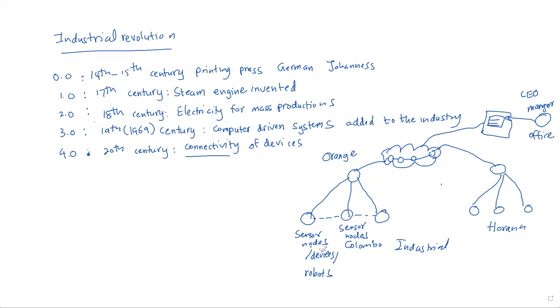So in that case, the situation where we are able to establish communication between different sensor nodes, different devices, or different robots is also another aspect of the industrial IoT scenario, industrial IoT networks.